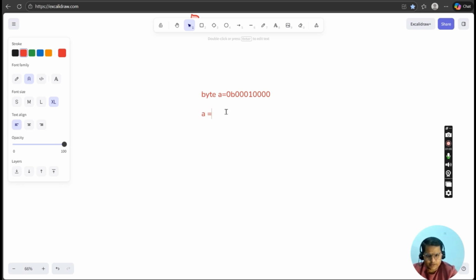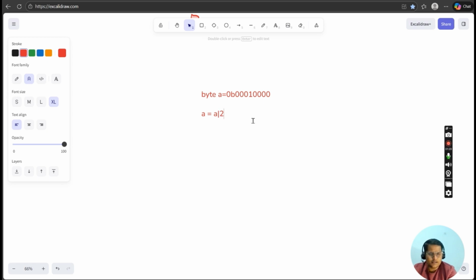Now if I am doing A equal to A OR with, let's say, 2, what I'm trying to do is this operation. This is the OR operation, basically a single vertical bar. This is called bitwise OR. Here 2 is the decimal number I have written.